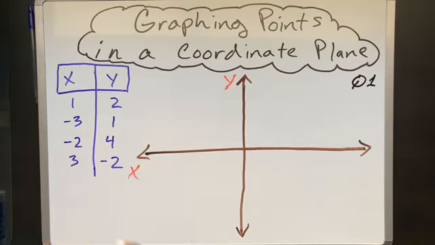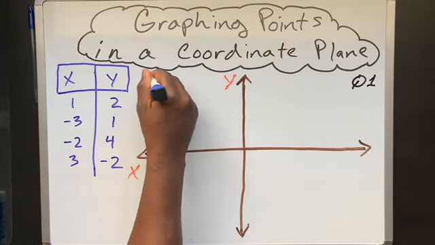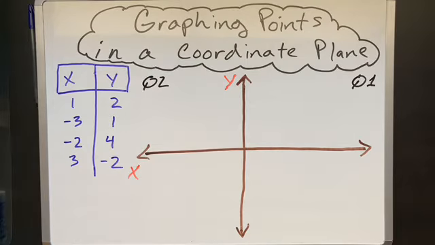And they go in counterclockwise direction. This is Q2 for quadrant 2. And this is Q3 for quadrant 3. And this over here is Q4 for quadrant 4.